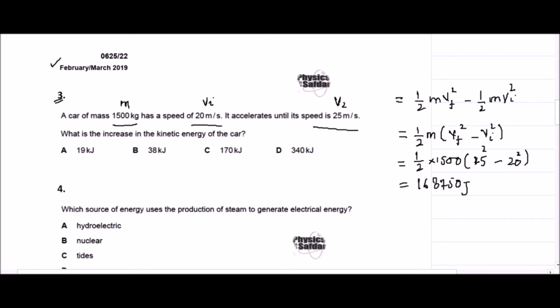Look at the options. In the options, we have the answer in kilojoules. Then you need to change your energy from joules to kilojoules. 168,750 divided by 1000, then we get around 168.75 kilojoules.